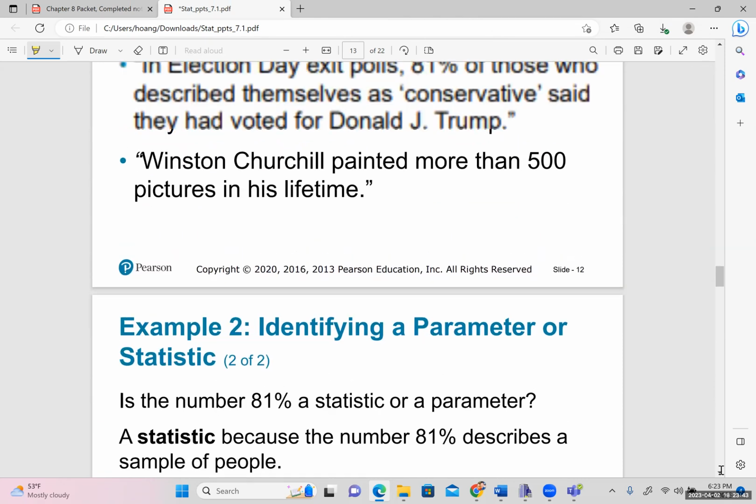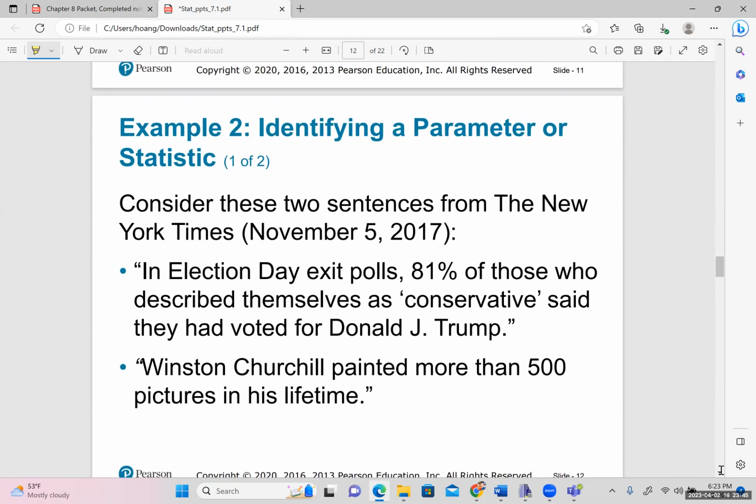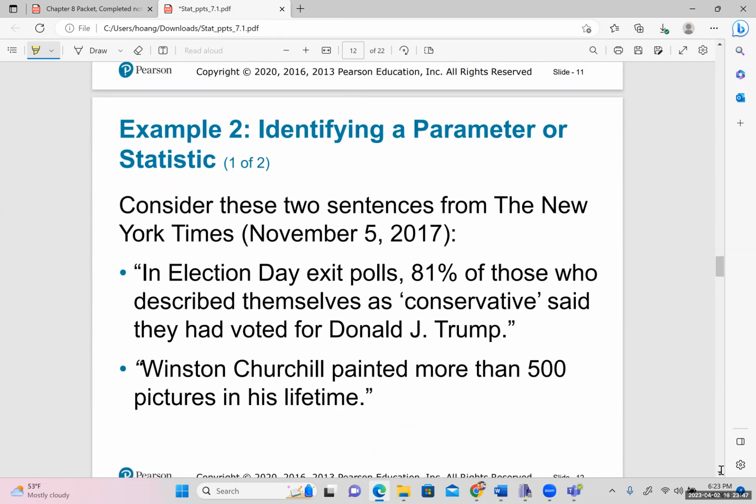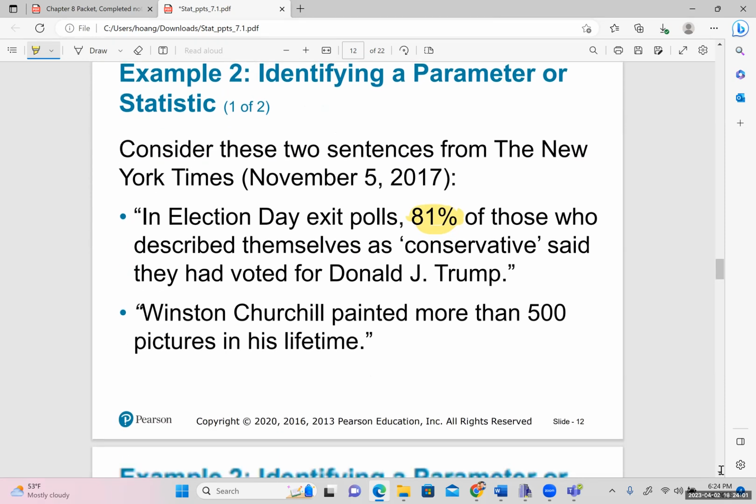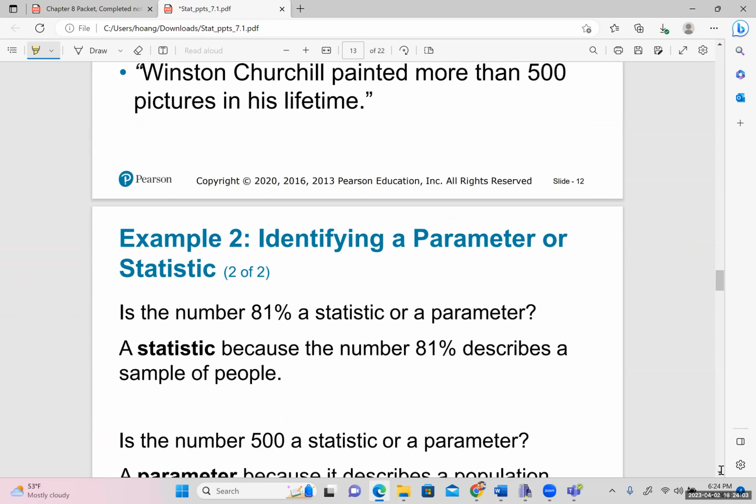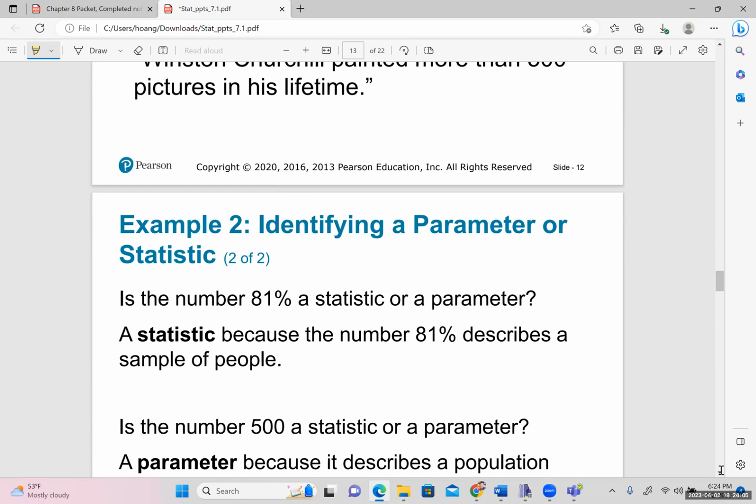Let's come back to here: 81% of those who describe themselves as conservative say they voted for Donald Trump. Is that a statistic or a parameter?